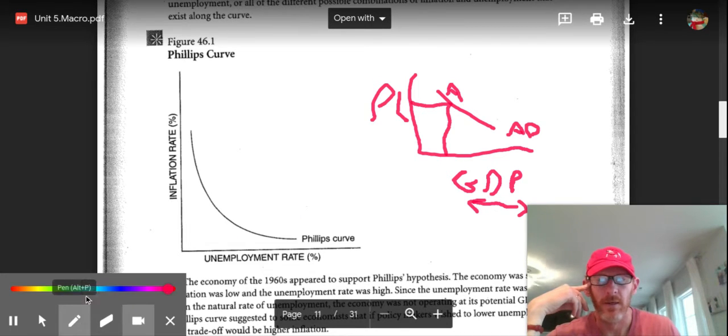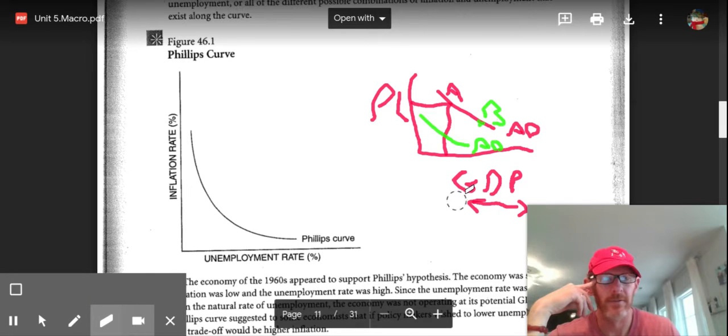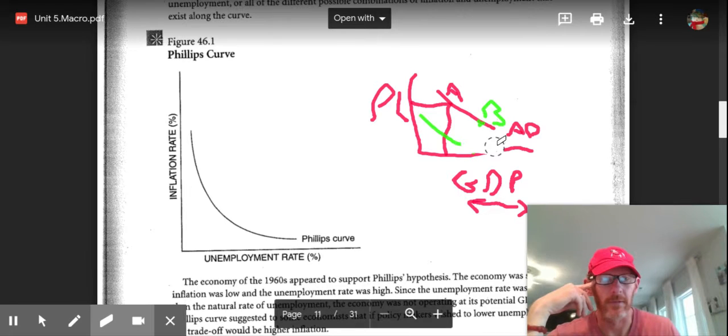But then if our AD goes down, we have a reduction in aggregate demand. Let's say this is point B here. I'm sorry, let me get rid of this. Erase. Oh, look at that.